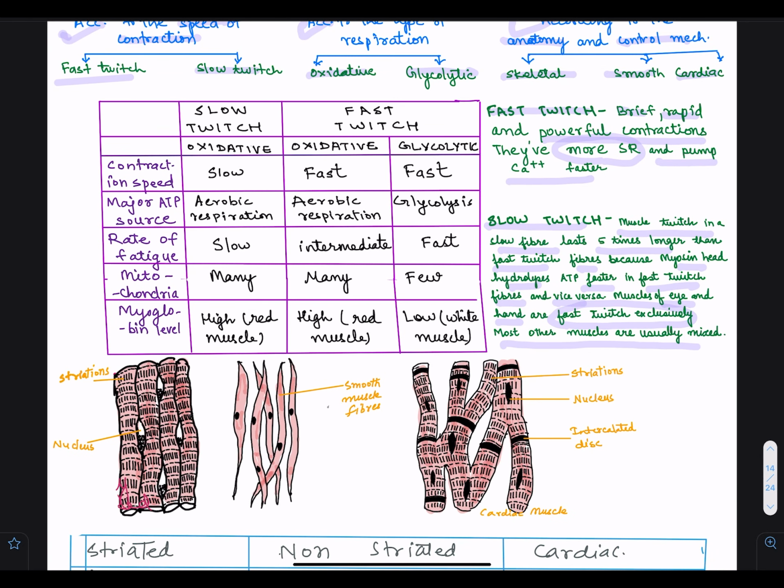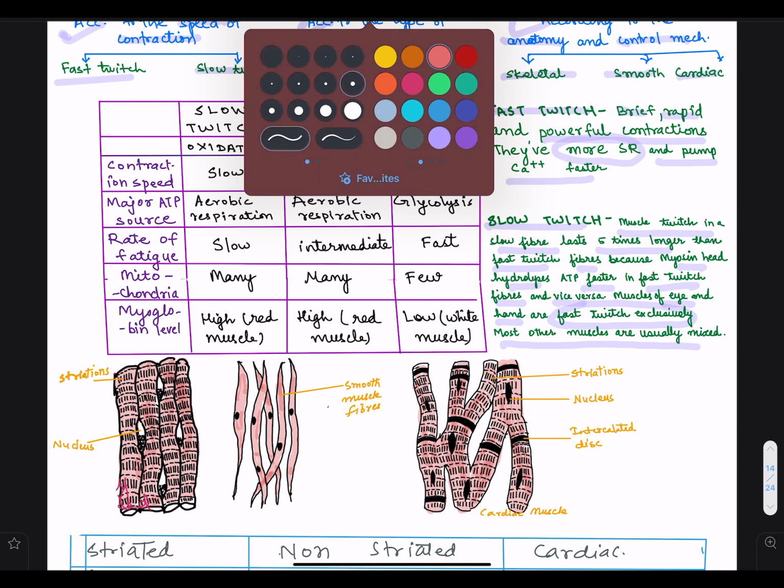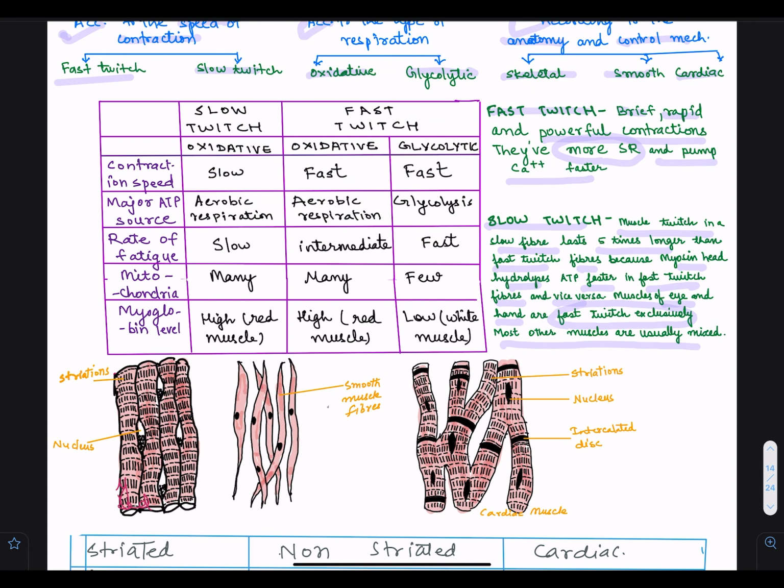Studying the same thing in a tabulated form, we see that the fibers can be slow twitch and fast twitch. Slow twitch fibers are usually oxidative while fast twitch fibers can be oxidative as well as glycolytic. Talking about the contraction speed, the slow twitch fibers will obviously have slow speed of contraction, while the fast twitch fibers, if they are oxidative, will have fast contraction speed, and the glycolytic ones will similarly also have fast contraction speed.